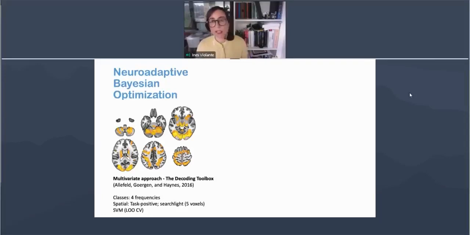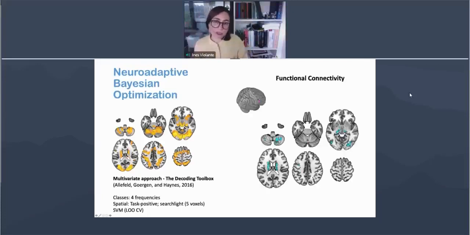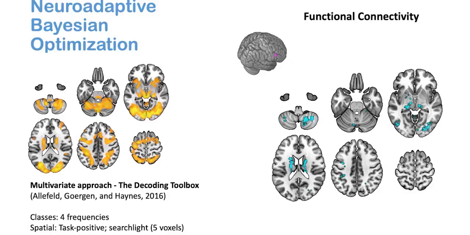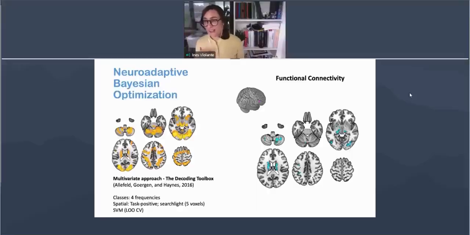And we're having quite promising initial results looking at functional connectivity between one of the areas underneath the frontal electrodes and the rest of the brain, where we can see a number of areas in the brain where we can indeed decode this response to different frequencies. So this is what we are now taking as our training data set, the data set that we are going to use to close the loop.